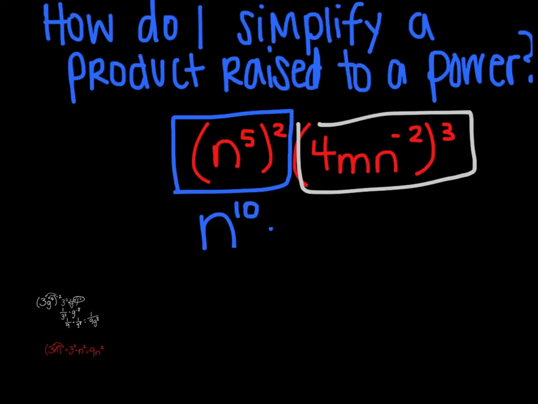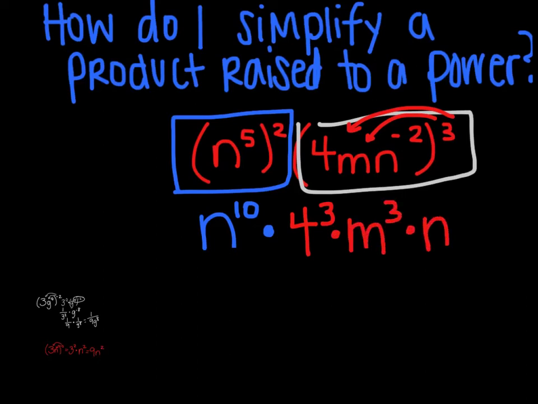And then we're multiplying, and now we have to distribute, really is what we're doing, the positive 3 to each one. So I have 4 to the 3rd times m to the 3rd times n, and then we're multiplying here, so negative 6.